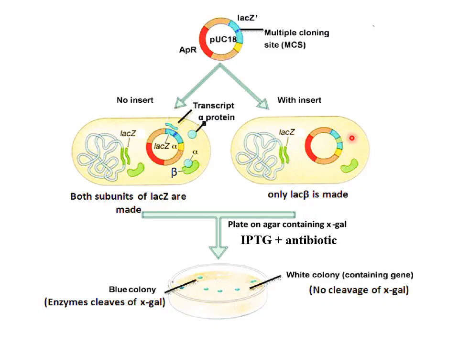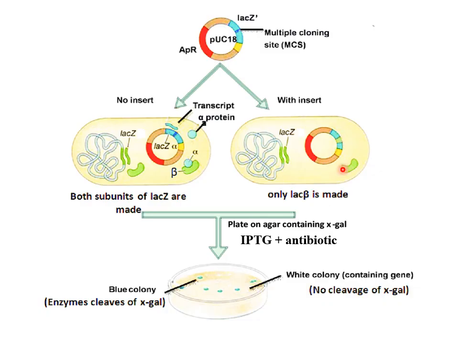But because our gene of interest is present within the lacZ gene, in the multiple cloning site, this lacZ prime or alpha part of the lacZ will not produce alpha protein because of this interruption.